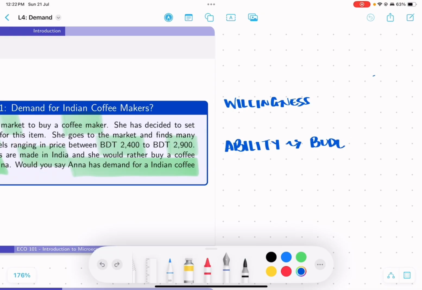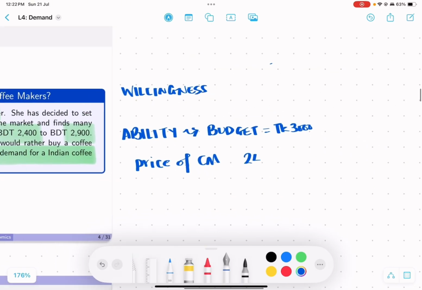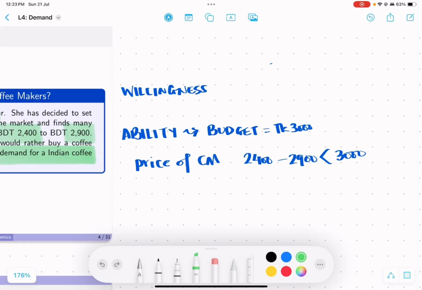Her budget is 3,000 taka. And the price of the coffee makers ranges between 2,400 taka and 2,900 taka. So this of course is well within her budget. So the question is, does she have the ability to purchase this coffee maker? Yes, she does.